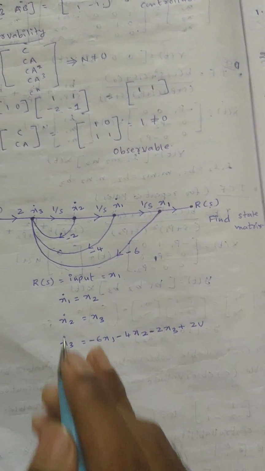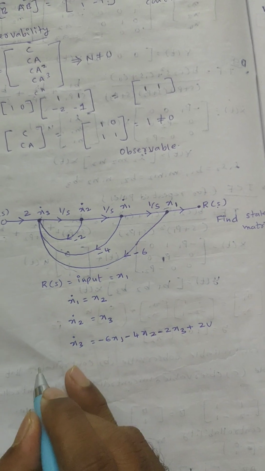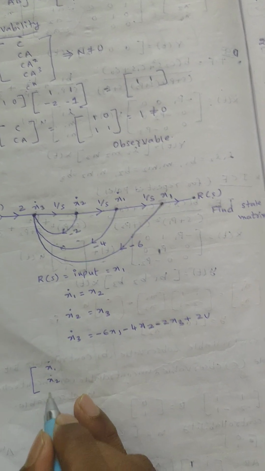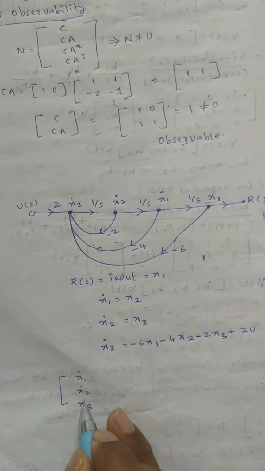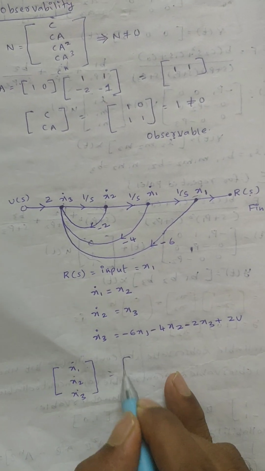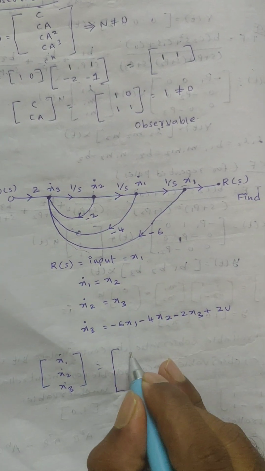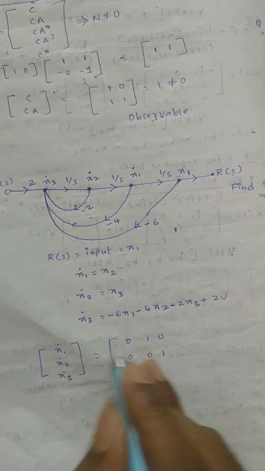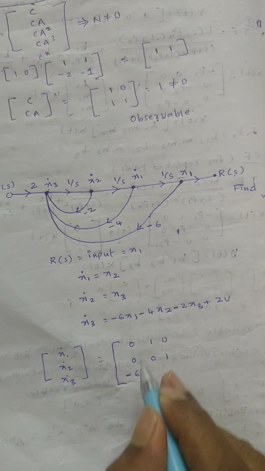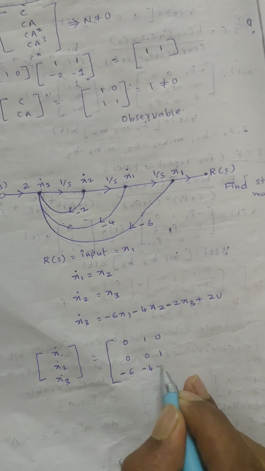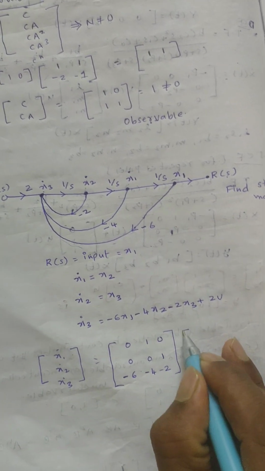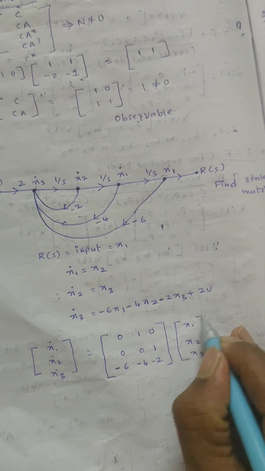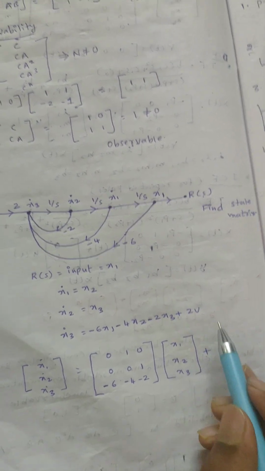Now the matrix will be x1 dot, x2 dot, x3 dot equals: x1 dot is only x2, that is 0 1 0. x2 dot is only x3, that is 0 0 1. x3 dot is equal to minus 6 x1 minus 4 x2 minus 2 x3, times x1 x2 x3, plus b into u.